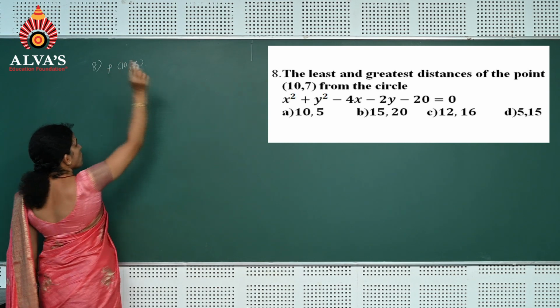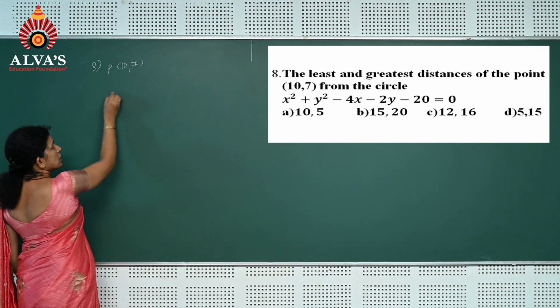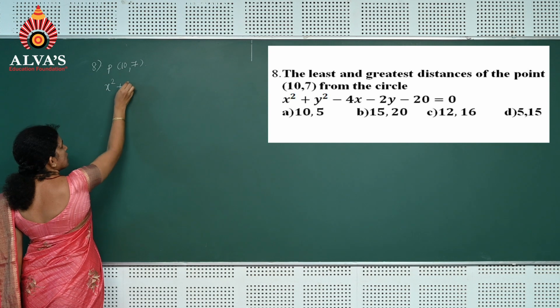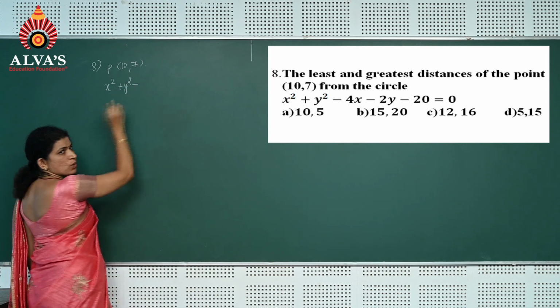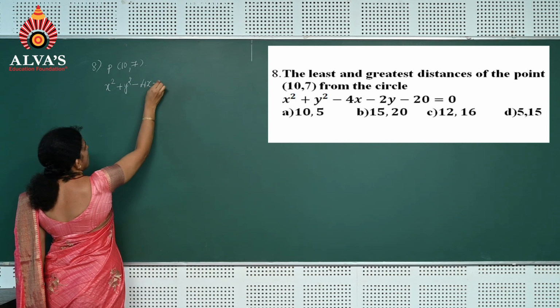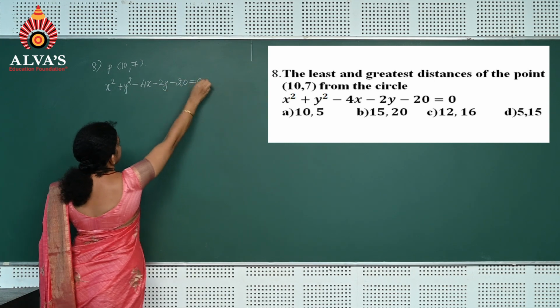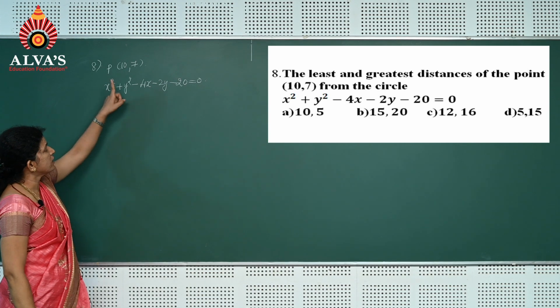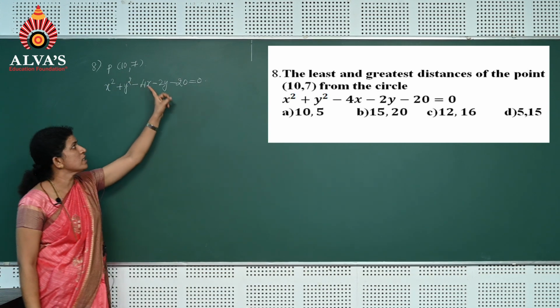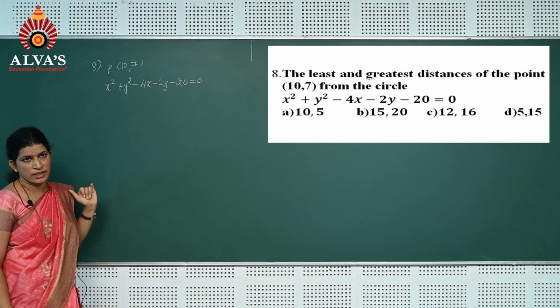I am taking the point as P. The circle's equation is given, x square plus y square minus 4x minus 2y minus 20 equal to 0. We want the greatest as well as smallest distance of the point from the circle.